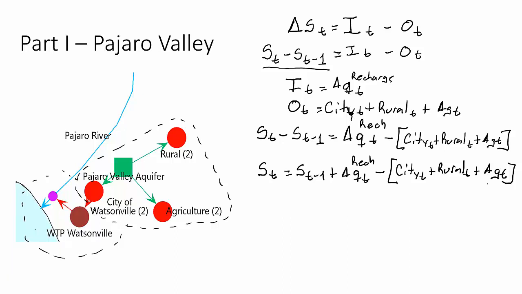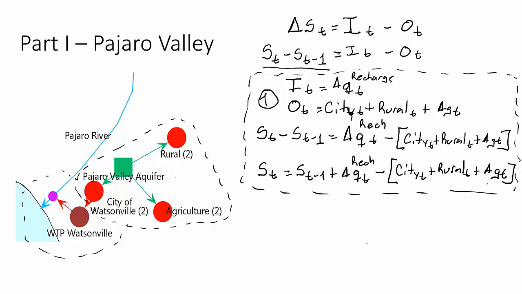This will be subsystem number 1, which is this one that we're talking about. Now for subsystem number 2, again we can use the same equation. In terms of change of storage, we don't have any change of storage, so there is no water stored here. It's just water moving from one place to the other.